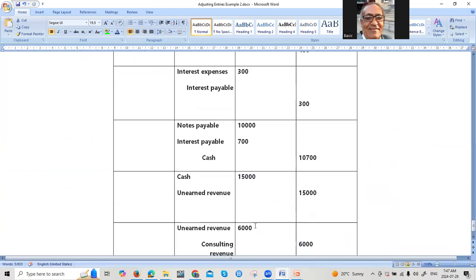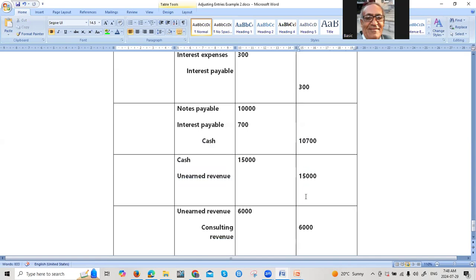So I did 2 transactions. One transaction for the overall amount which I received as prepayment, the company paid me 15,000 for consulting services. I didn't work for them yet, and they said this is for 5 months. Each month is 3,000. So I recorded all the amount, $15,000, from cash into unearned revenue.